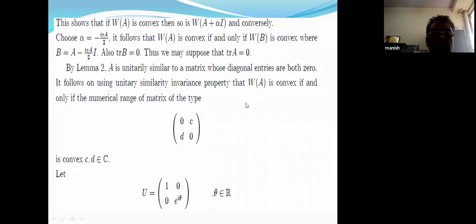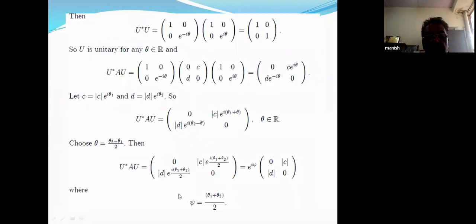Now use lemma 2. We can choose a unitary such that this matrix B is unitarily similar to a matrix of this type, where both diagonal entries are equal, and C and D are some complex numbers. So ultimately, convexity depends upon this type of matrix where diagonal entries are 0 and off-diagonal entries are complex. Now we have to make C and D real and non-negative. For this, we choose this unitary matrix, 1, 0, 0, exponential iota theta.